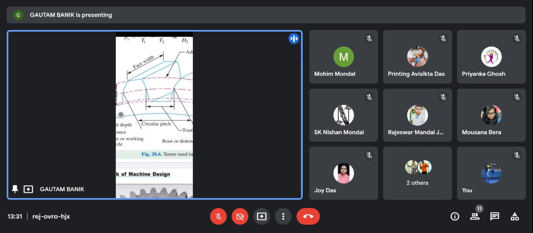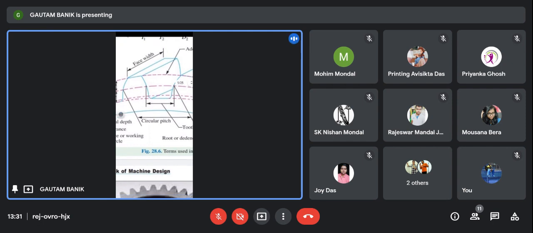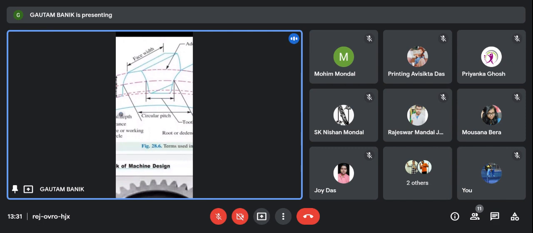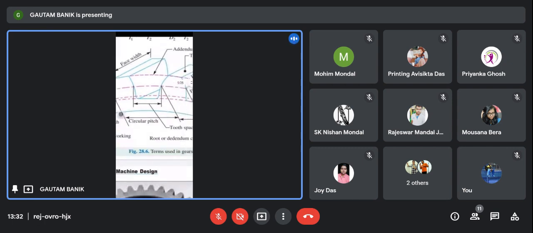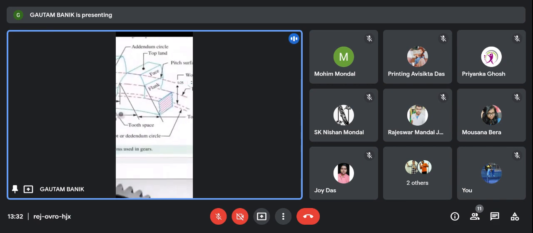The total circumference length is pi d, divided by the number of teeth. Then you will get the circular pitch. I will calculate the design parameters later. This is called the circular pitch.